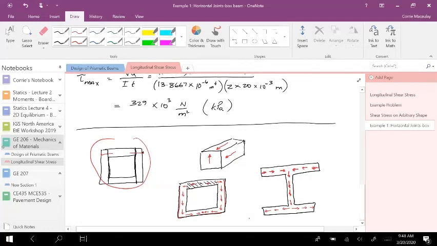So if I was worried about a point on a vertical face, maybe here, if that's the point that I'm worried about for my shear force on a vertical face, the area would be on either one side or the other side. So for ease of calculation, I'm going to just take this side.